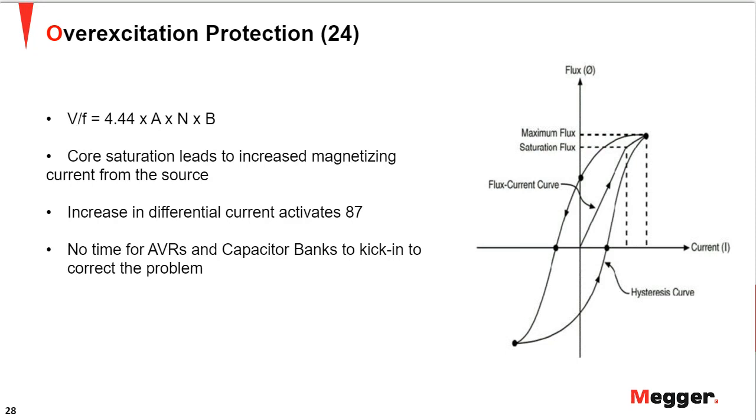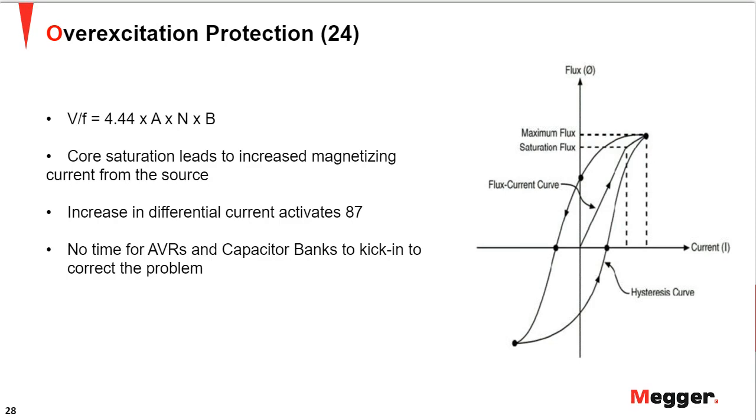How would this overexcitation affect our differential, right? Whenever core saturation happens, that will lead to an increase in your magnetizing current, right? And then again, like I said, there would not be a similar current on the low side as we are seeing the magnetizing current on the high side.